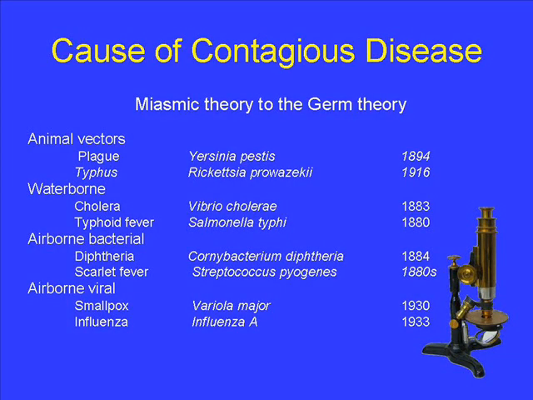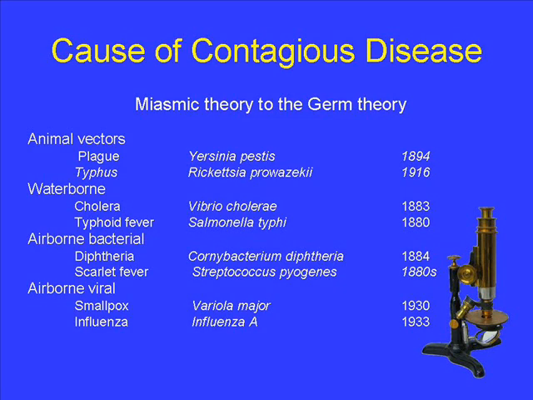Now, the biggest thing that happened in the last half of the 19th century was that the cause of contagious disease was finally unraveled. And historically, it had been assumed that contagious disease was a product of bad air, and that bad air carried something which caused these particular diseases.